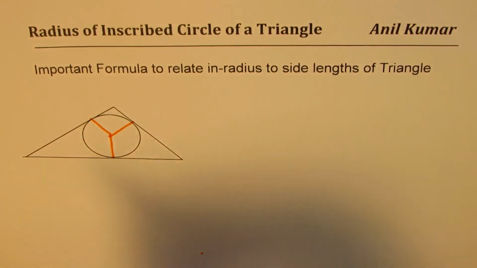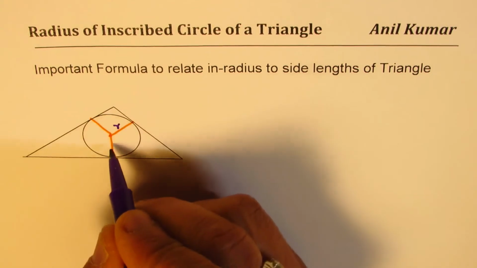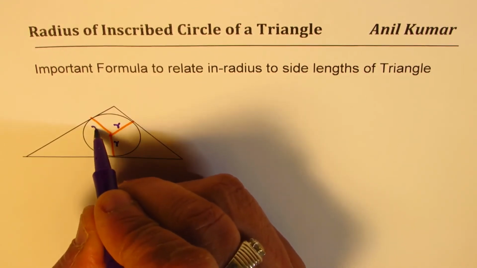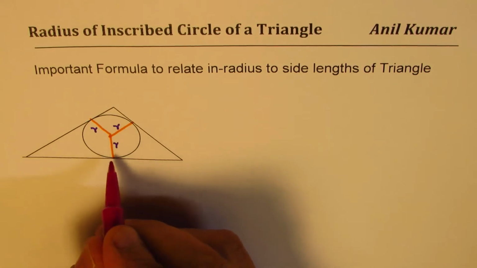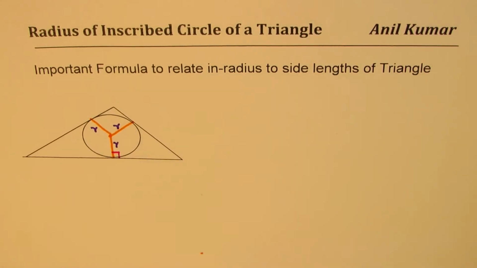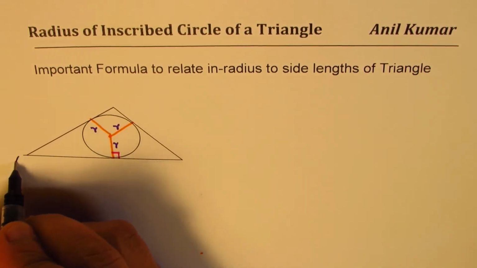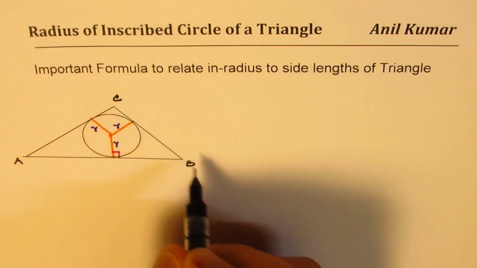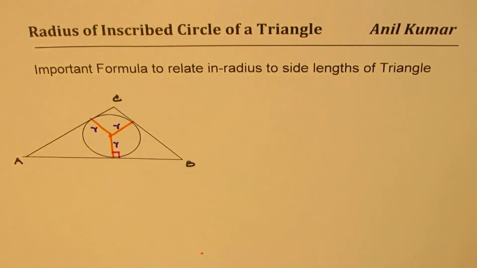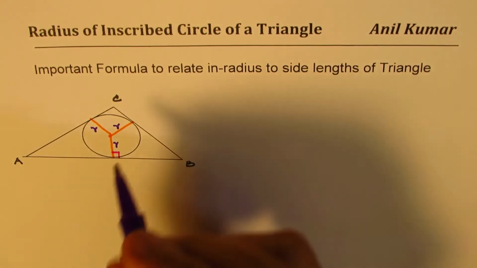We want to relate this radius with the sides of the triangle, right? So if we have a circle inscribed in a triangle, in that case, all the sides will be tangent to the circle, right? So we have a right triangle right there. Let us say that the triangle is triangle ABC. Then the sides could be referred to as lowercase a, b, c, right?